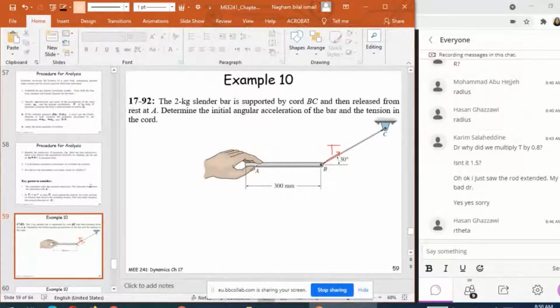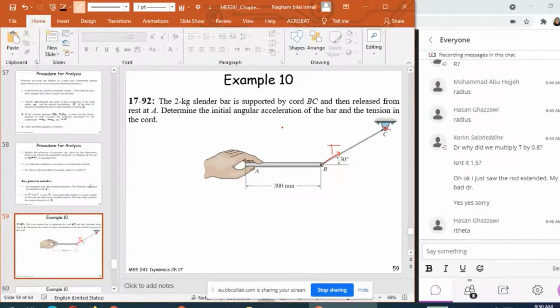So of course, guys, this AB is doing a translation and rotational motion. In fact, guys, C is fixed, which means B will do a rotational motion around C, right? So V_B and A_B are perpendicular to BC. However, A, guys, will have a translation and a rotational motion, right?